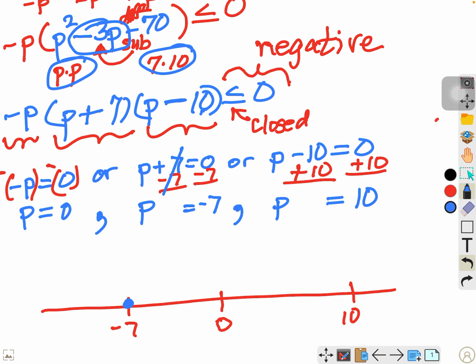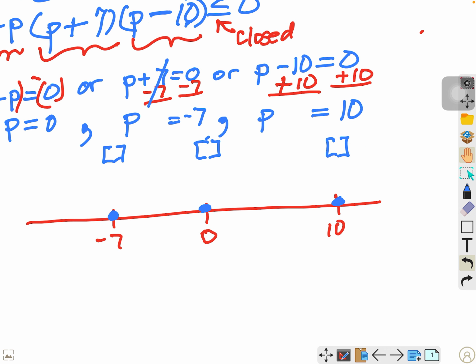Let's close them all up. And if you're using interval notation, we're going to be using the brackets. Until we figure out the quantities that are negative, we won't know which direction to face these endpoints. So we'll deal with the closed dots for now on the endpoints.